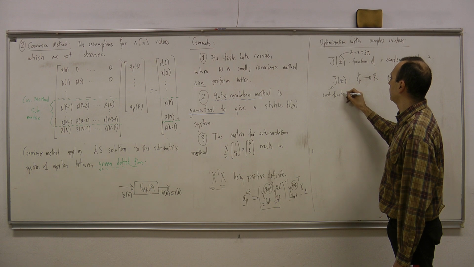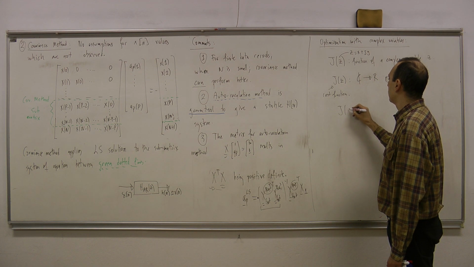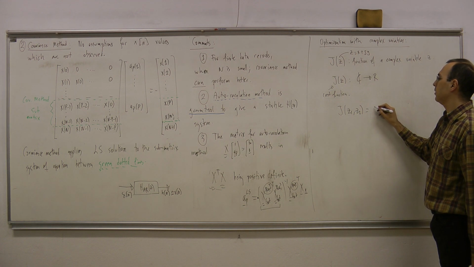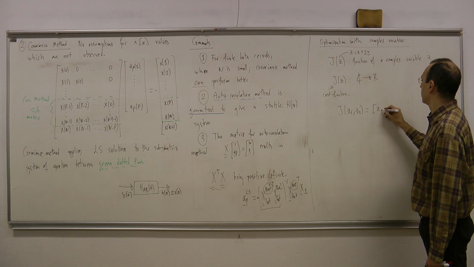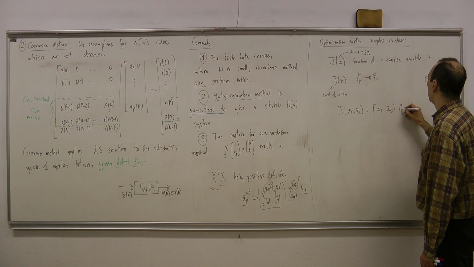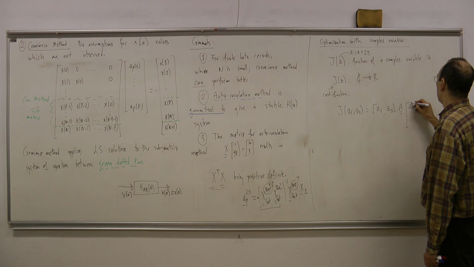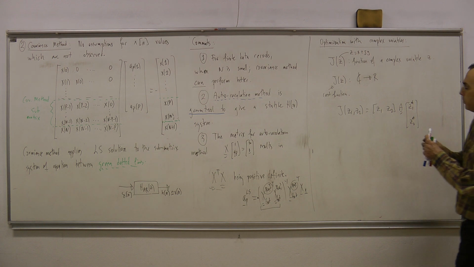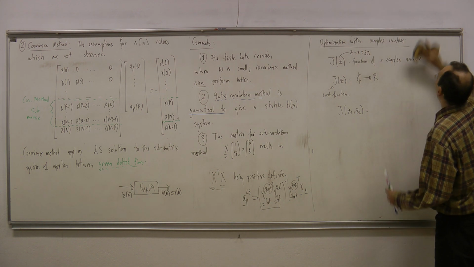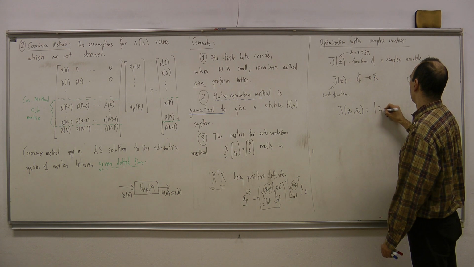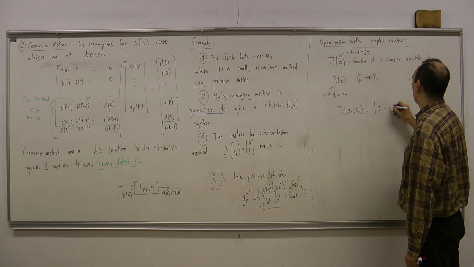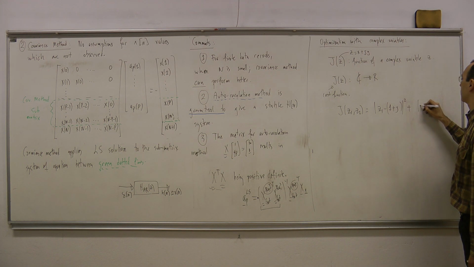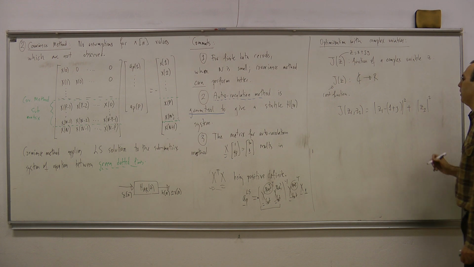So what do I mean by that? For example, we may have two complex variables. Then we define something like this: Z1, Z2, there's a matrix A, Z1 conjugate, Z2 conjugate. Let me have a simpler thing. Magnitude square of Z1 minus 1 minus j, plus magnitude square of Z2.